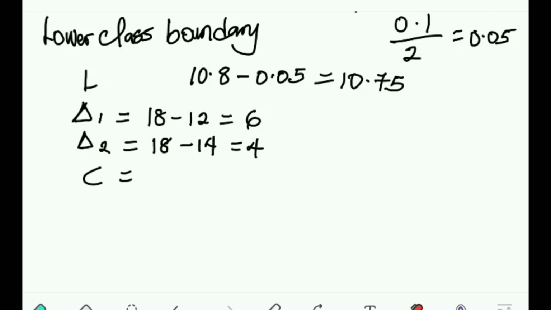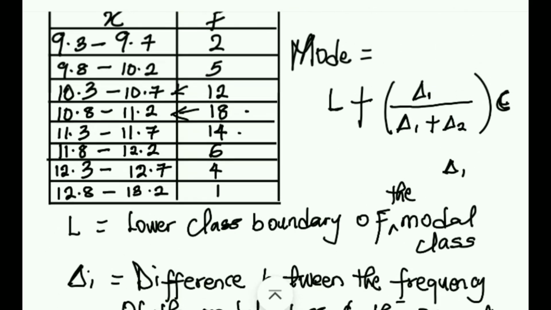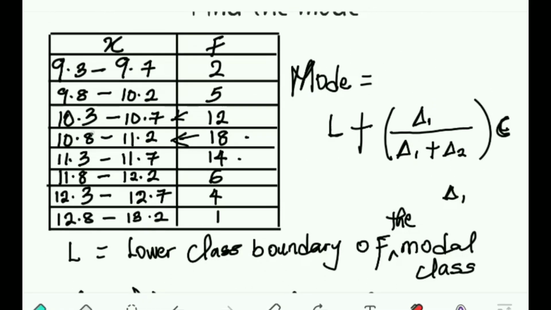And so finally the class width. How do you get the class width? You find the difference between these two: 10.8 minus 10.3. Or you just pick any one, 9.8 minus 9.3. To get the class width, subtract the lower class limit of the class before from the lower class limit of the class.